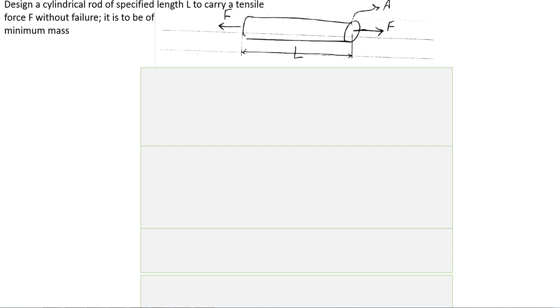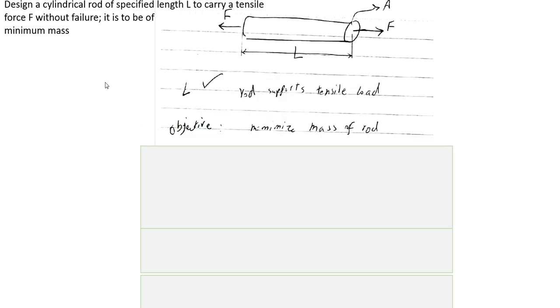objective. Minimizing mass is a good objective because it results in reduction of the cost in manufacturing and later when the part is working. So L is specified here, and the objective is to minimize mass of the rod.